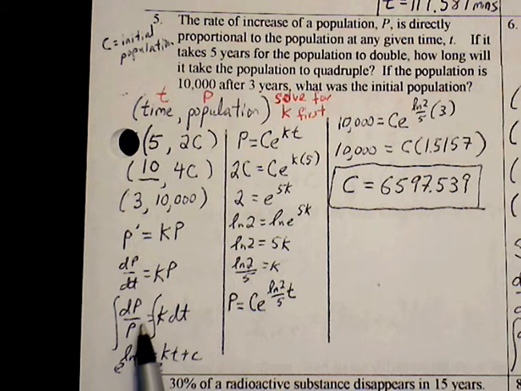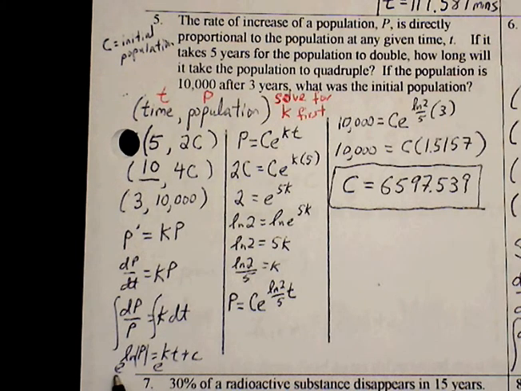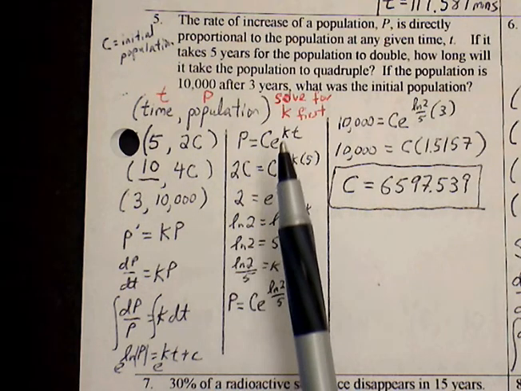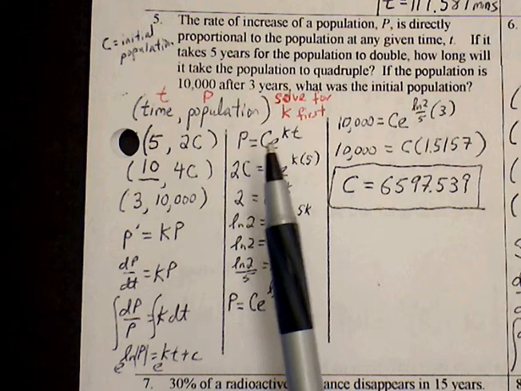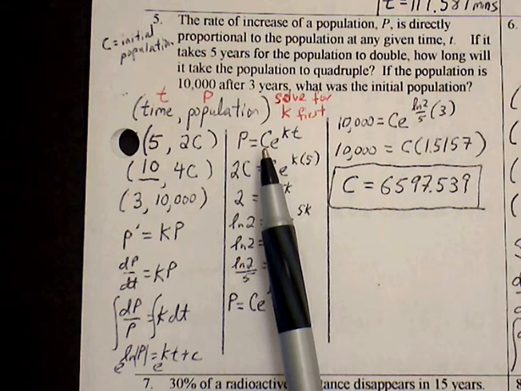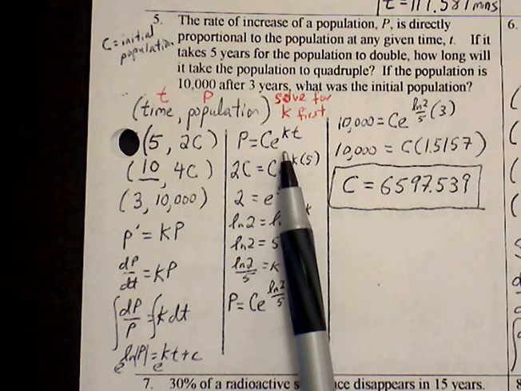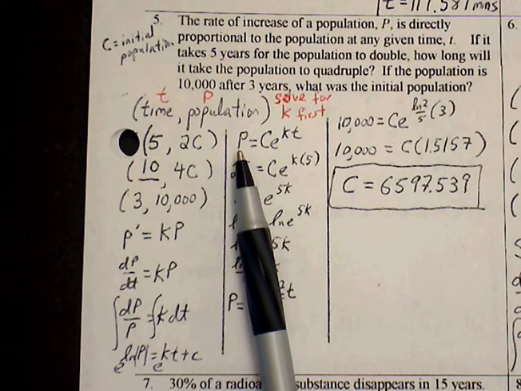Separate the variables: we get dP over P is equal to K dt. Take the integral of both sides: we get natural log of the absolute value of P is equal to KT plus C. Raise both sides with base e: we get P is equal to e to the KT times e to the C. Pull the C in front, so we have our general equation.